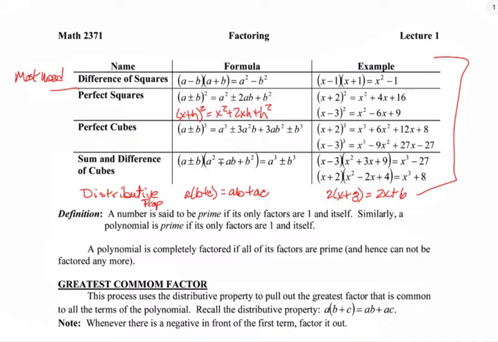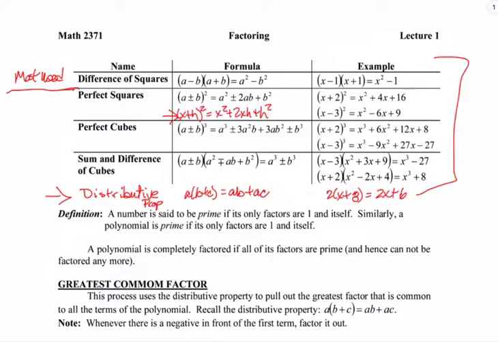And this is used in calculus a whole lot. So these are the most used of the formulas that you will come across.